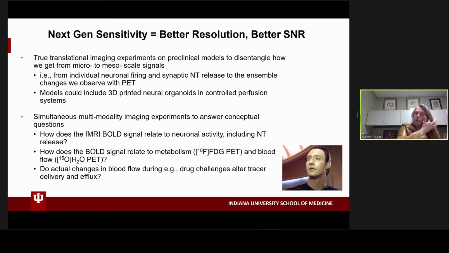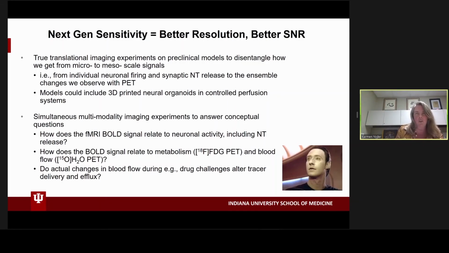I also think that greater sensitivity is going to really allow us to take some theoretical questions into the experimental realm. One of the things that we get asked quite a bit, usually from electrophysiologists, is how in the world can you possibly reconcile the temporal and spatial specificity that we get with electrophysiology, that we get with fast scan cyclic voltammetry?